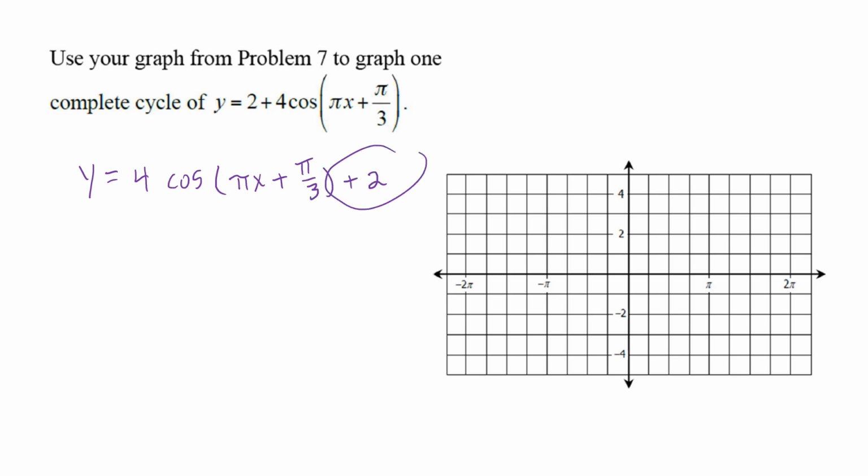So we know that our vertical translation is going to be plus 2, which means we are going to move up 2 units because our k here is positive. So we're going to take all of the values that we just plotted in the previous problem, and we are going to add 2 to the y.